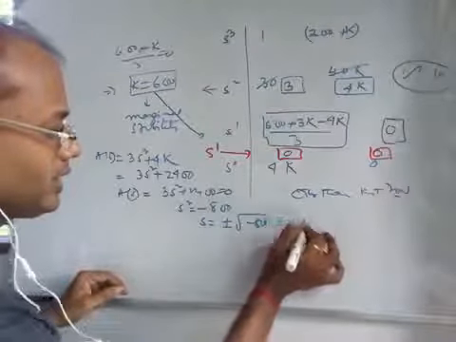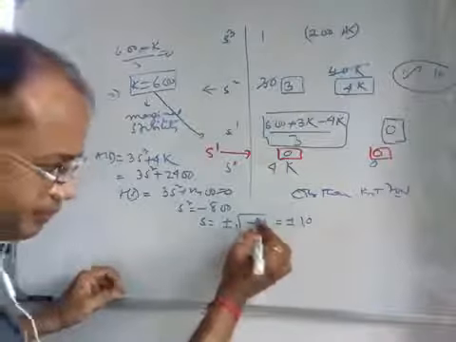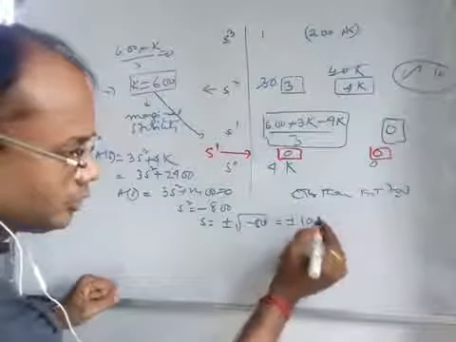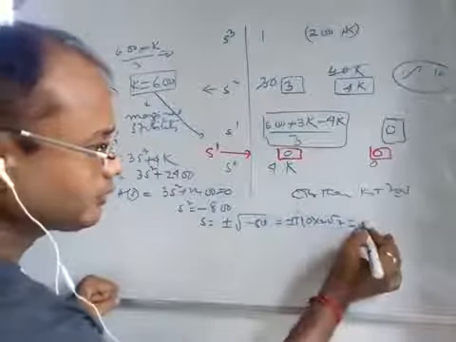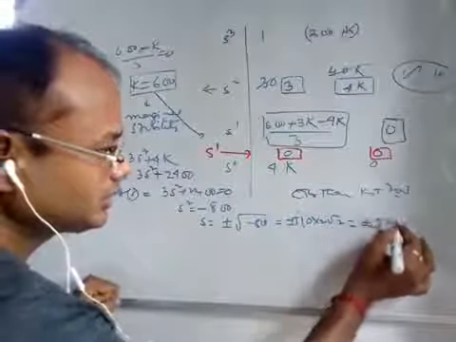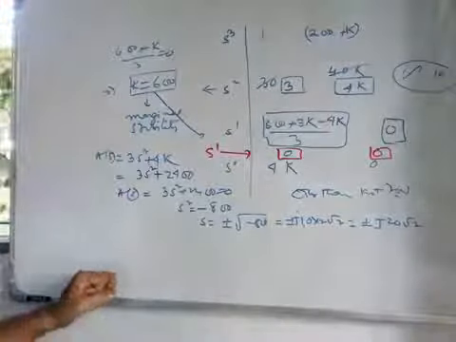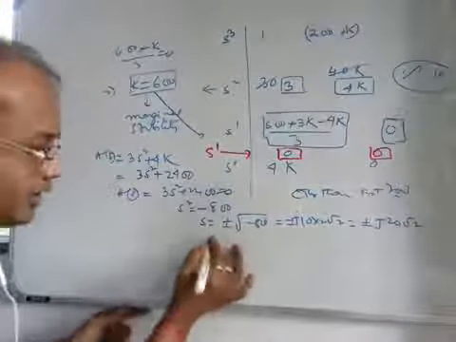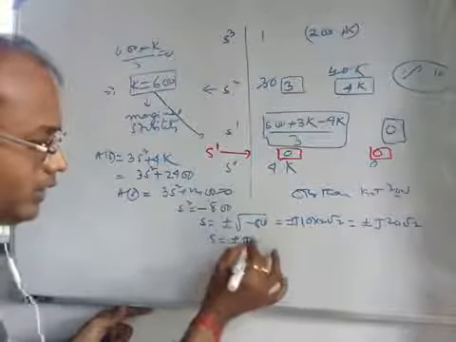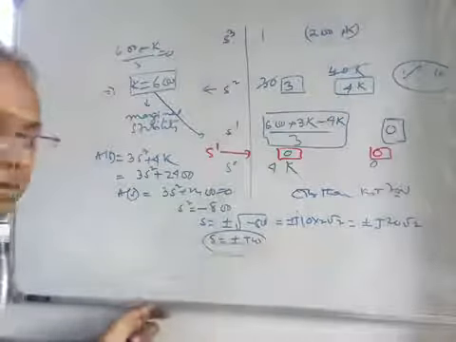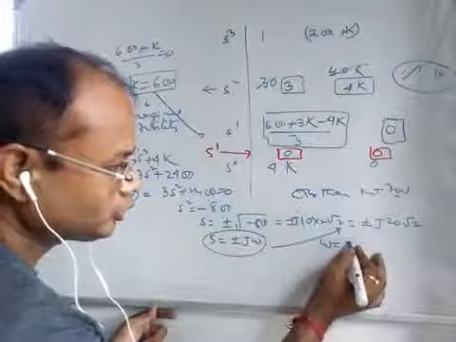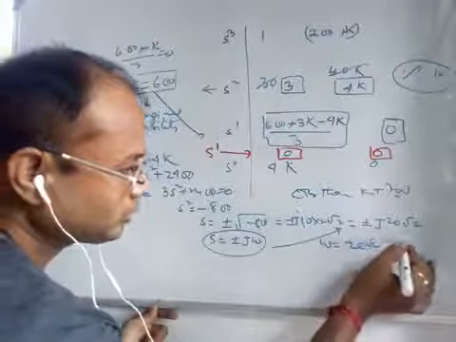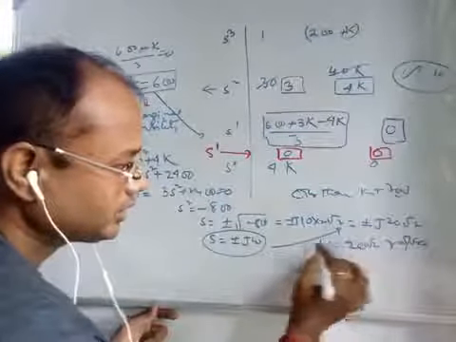So plus minus 10 into 2 root 2 j. So you get s equal to plus minus j 20 root 2. And in order to get the frequency, this will be compared with s equal to plus minus j omega, so you get omega equal to 20 root 2 rad per second.